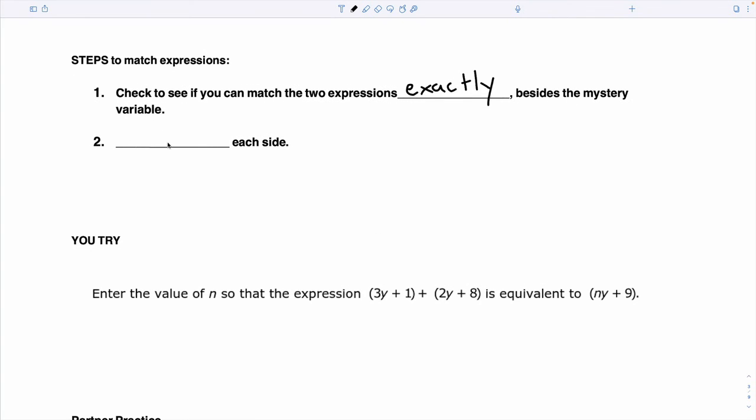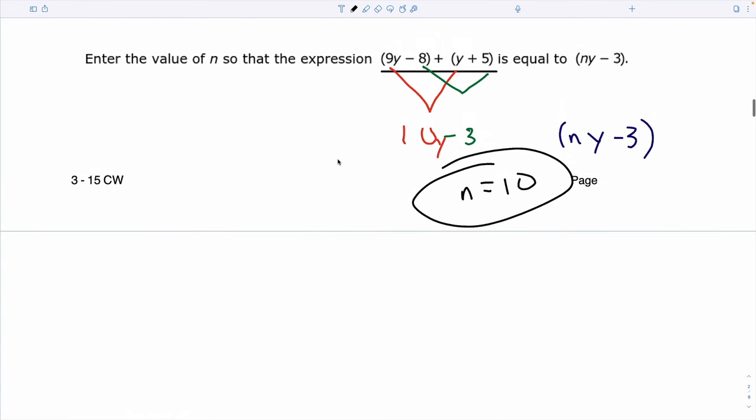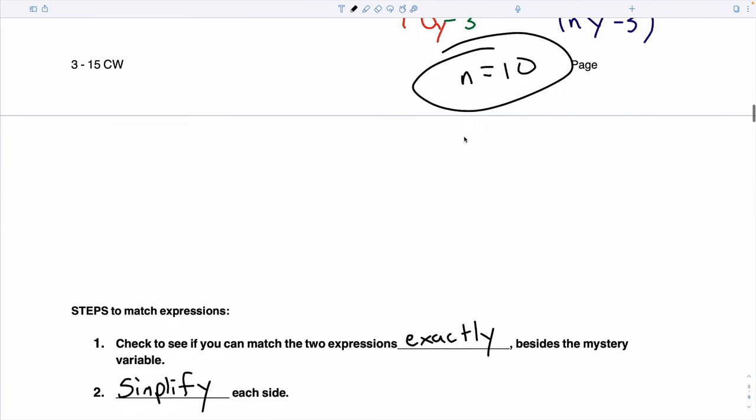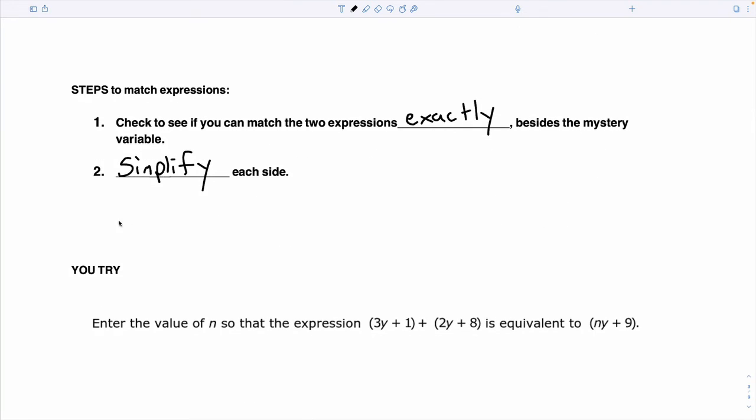Then you are going to simplify each side. If you can't match them, we could not match the sides exactly up here, so we had to simplify them, and then you're going to find the matching number. Find the matching number.